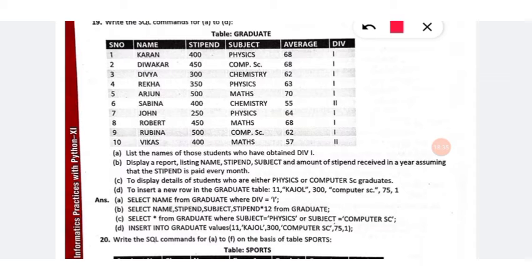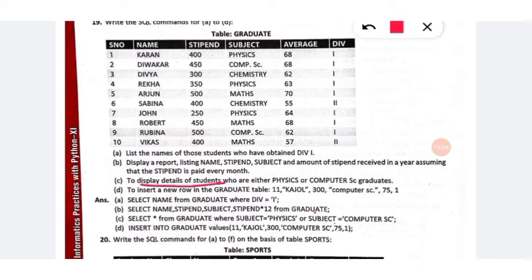Then next one, to display the details of students who are either physics or computer science graduates. So condition is there, physics or computer science. So physics or computer science is in the column subject. So we have to select both these physics students and the computer science students. So display the details.